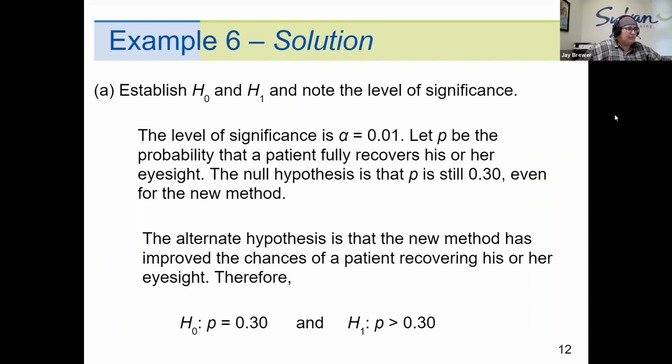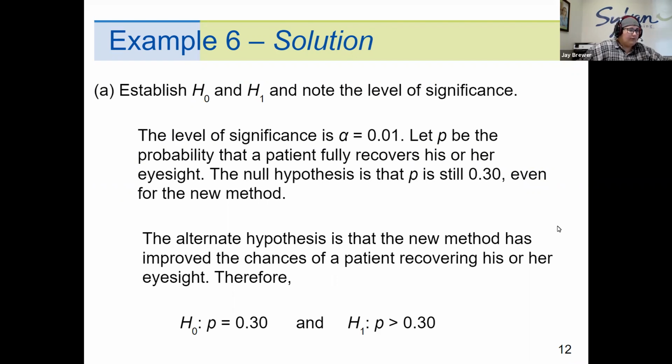First, you need to establish your null and alternate hypotheses and note the level of significance. So the level of significance here is alpha equal to 0.01, like we just said. Let P be the probability that a patient fully recovers his or her eyesight, and the null hypothesis is that P is still 0.30 even for the new method.